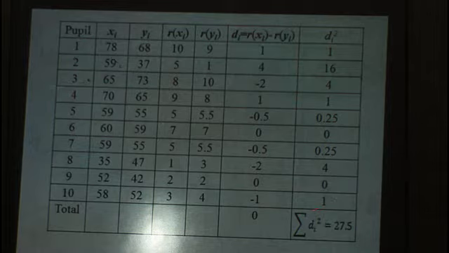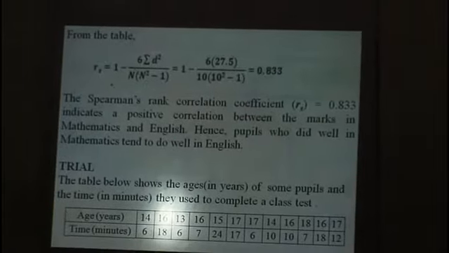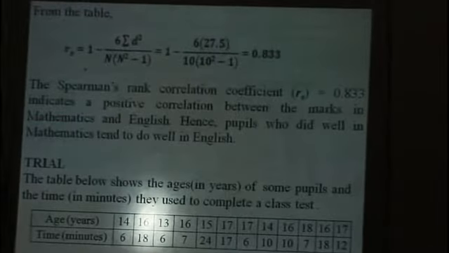So as you can see, when you take the sum of all the differences between the ranks, you end up getting 0. Then you take the sum of the squares of the differences, that's sigma d_i squared, you end up getting 27.5. Now substituting these values, we had 10 pairs, so n is 10, and sigma d squared is 27.5.